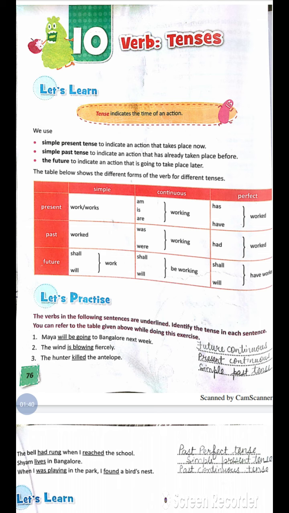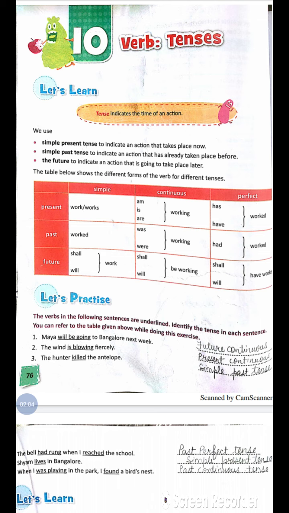Okay, so there is one exercise given in which you have to identify which type of tense these sentences are showing. Maya will be going to Bangalore next week. Will be going, so it is a future continuous tense.